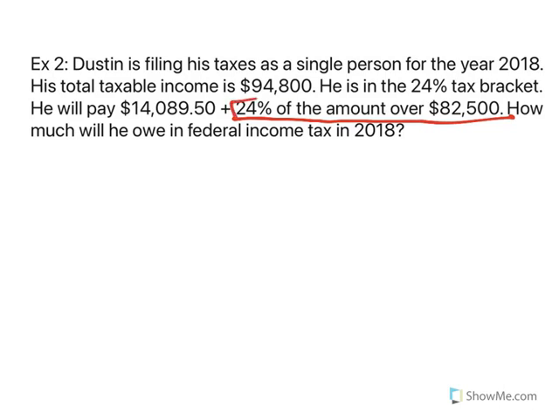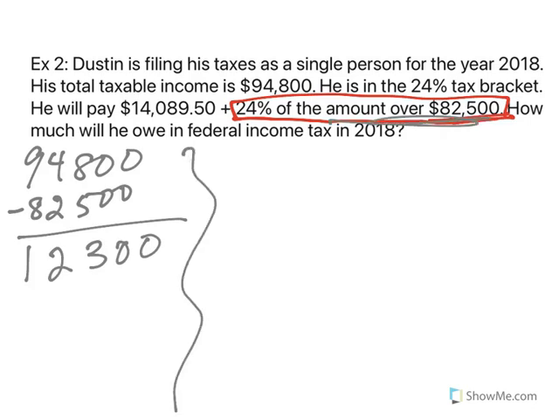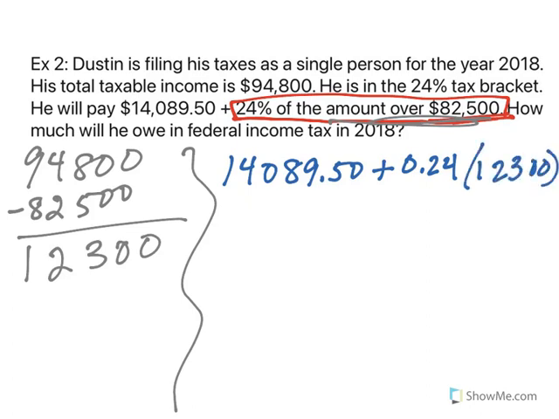Our first job is to figure out how much he earns over the 82.5. If I take the 94.8, his taxable income, and subtract 82,500, I get 12,300. So this is the over amount. So we're going to owe $14,089.50 plus 24%, as a decimal, of 12,300.